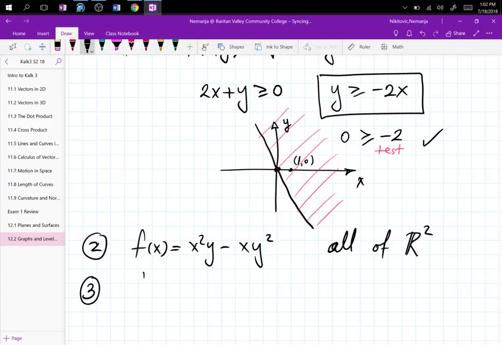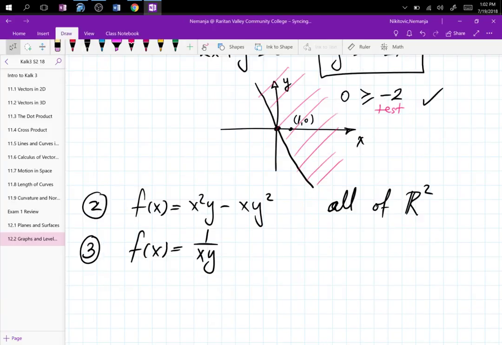Now, problem number 3 says f of x, y is equal to 1 over xy. Aha! 1 over xy. In this case, it's a rational function. So now we know that xy cannot be 0, which implies that x is not allowed to be 0, and y is not allowed to be 0. Guys, these are lines.